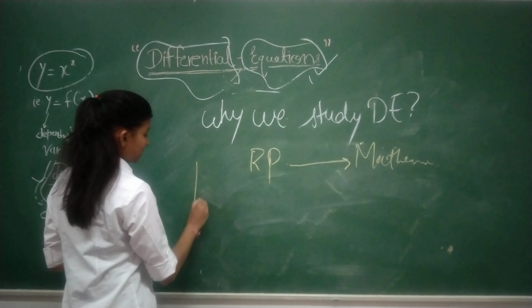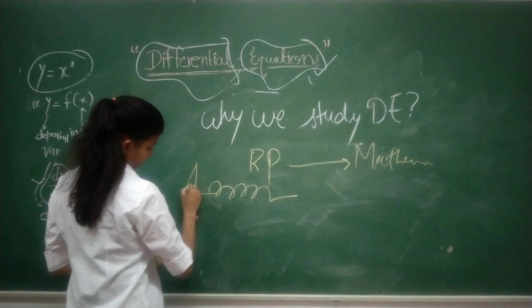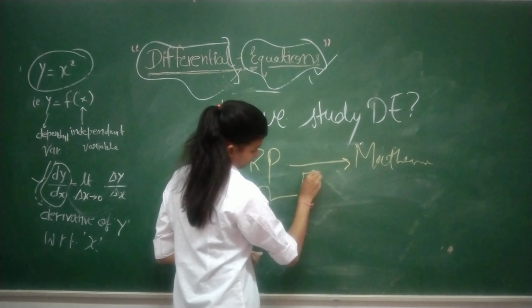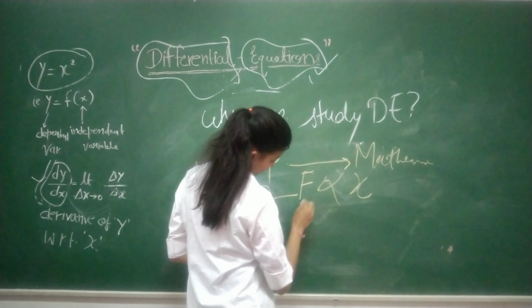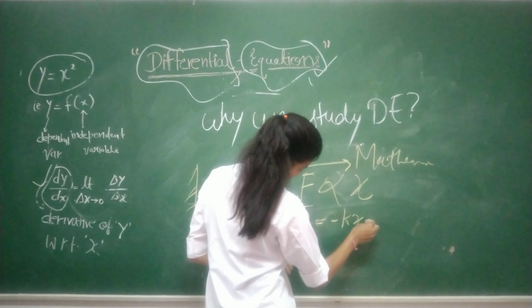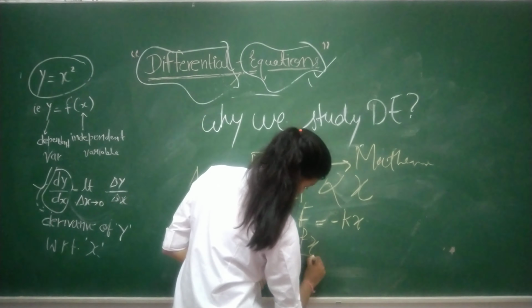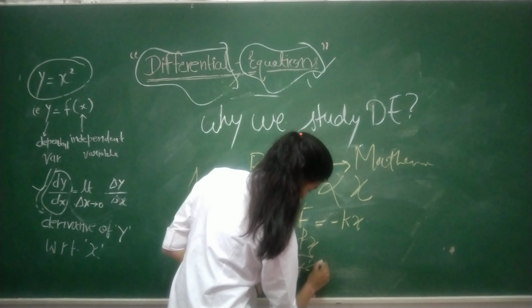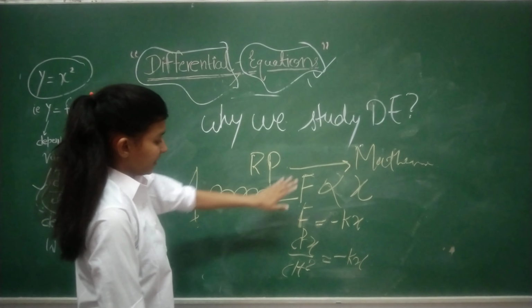Just consider SHM, simple harmonic motion. Here the force is directly proportional to the displacement x, that is force is equal to minus kx. If we apply Newton's law, then we get del squared x by del t squared equal to minus x.